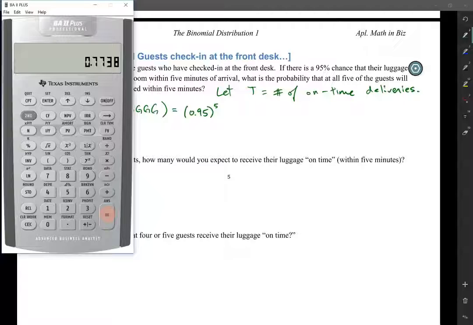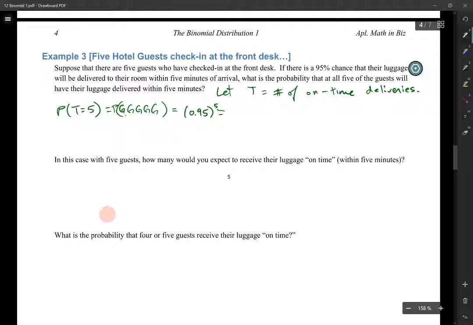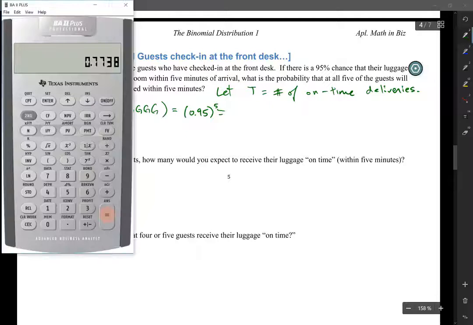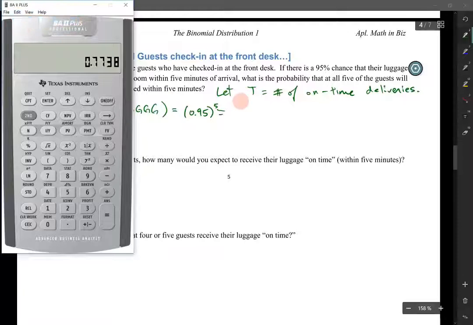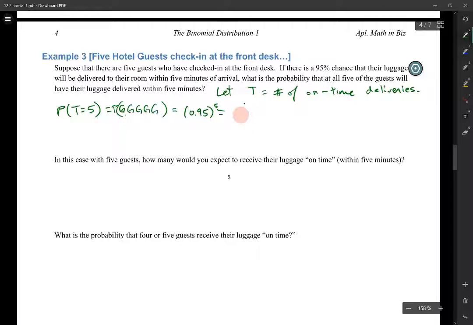Is that right? Let me see if I can copy and paste that. 0.773. That didn't work out too well. 0.774.